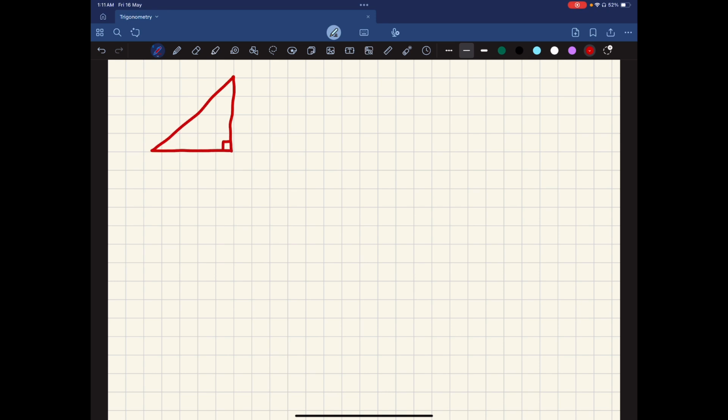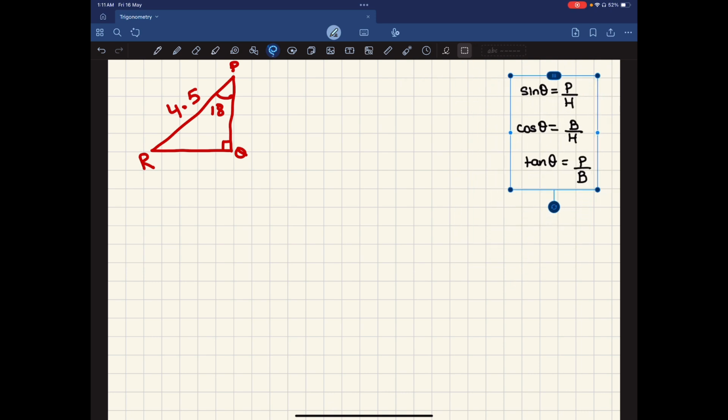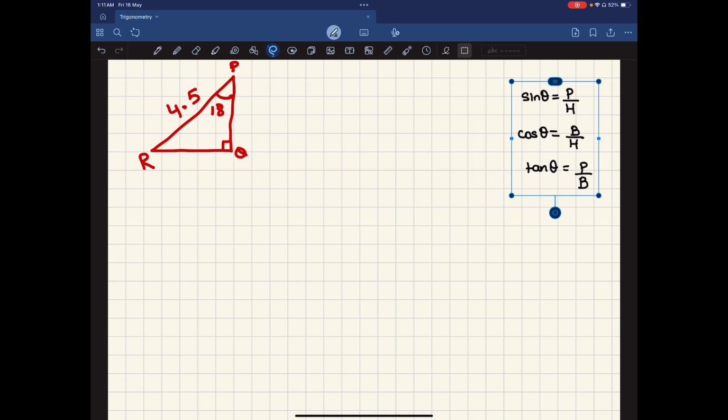Okay, so this is a right angle triangle PQR, the angle is 18, and this side is 4.5. First, it is a right angle triangle. The first thing that we need to check, and then we need to label the sides.